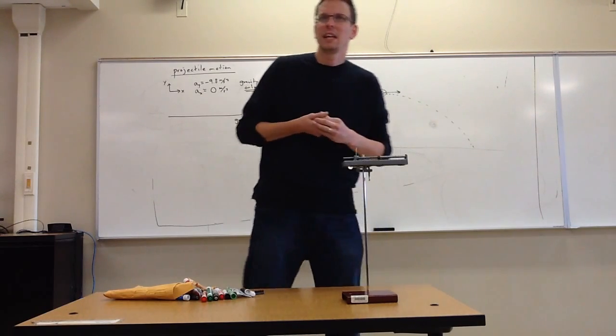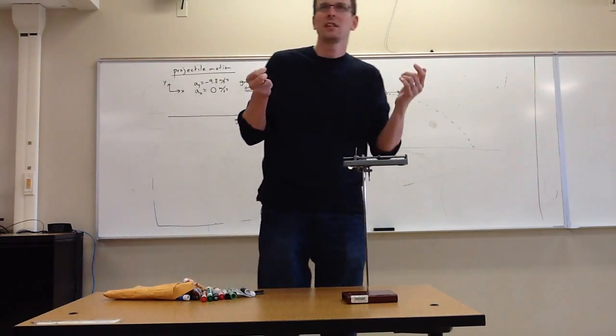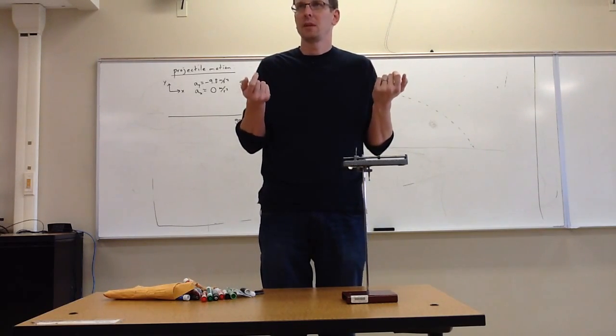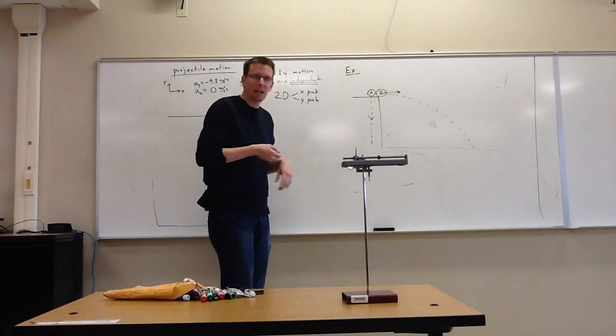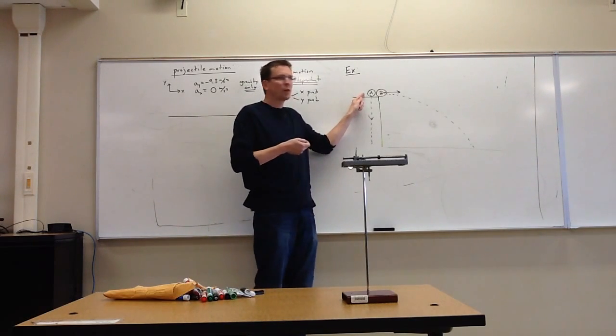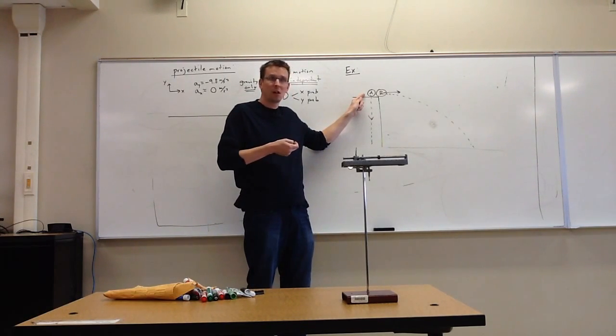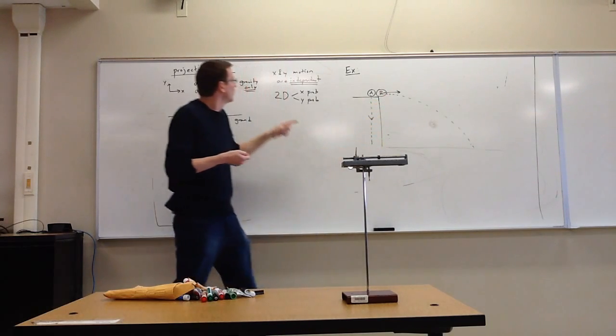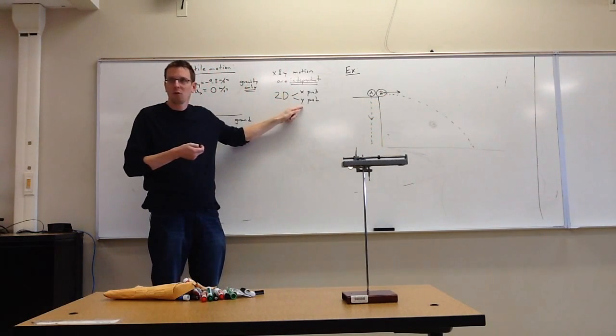The reason they hit at the same time is because everything they have going on vertically at the beginning is exactly the same. They both have no vertical velocity. This one has no vertical velocity because it has no velocity at all, it just dropped from rest. This one has a horizontal velocity, but that's completely independent from the fact that it has no vertical velocity.